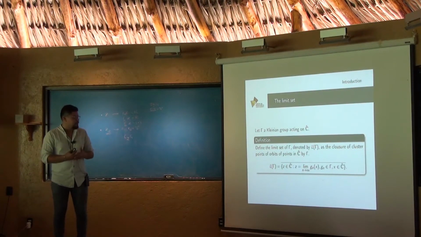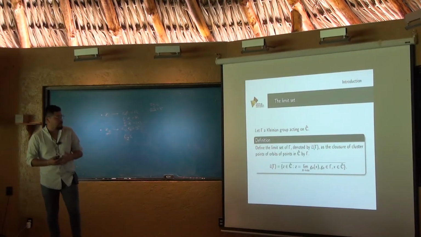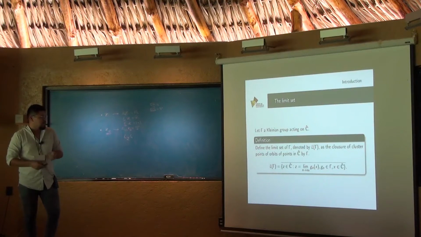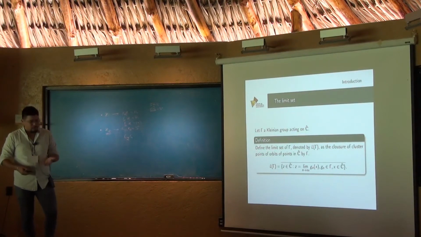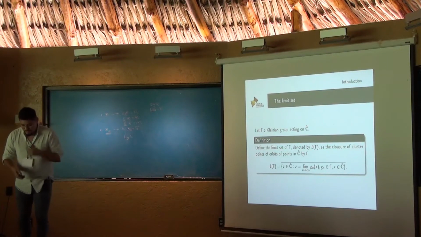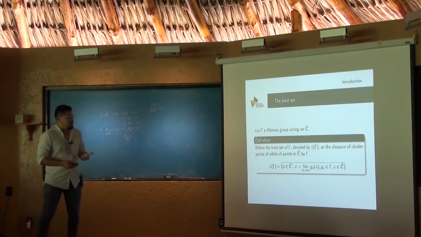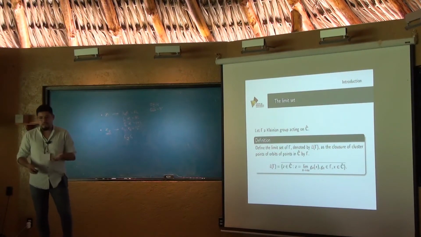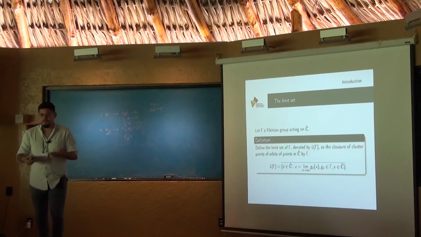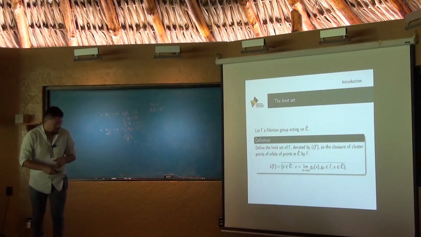For a Kleinian group acting on the Riemann sphere, the limit set is the closure of the cluster points of orbits of points in the Riemann sphere. The complement of this limit set is the domain of discontinuity, the maximal open set where the action of the group is properly discontinuous.